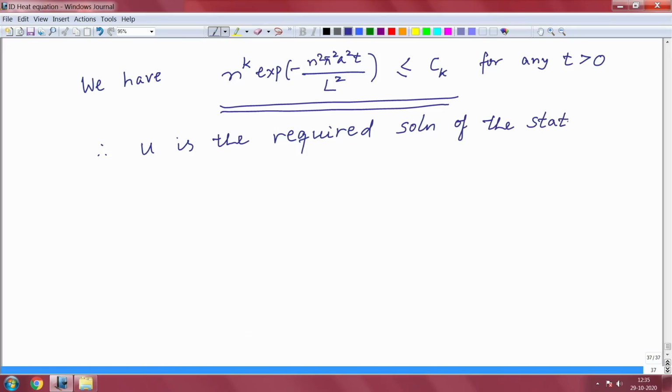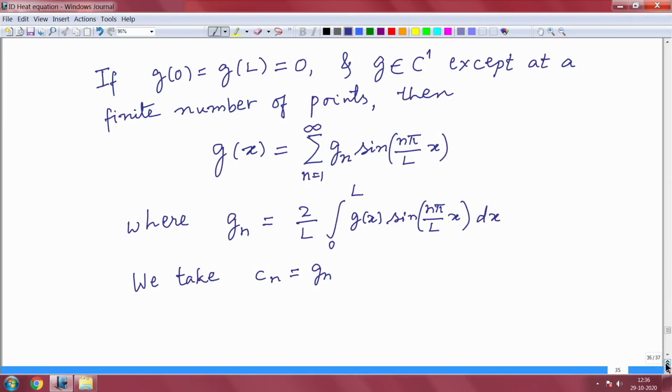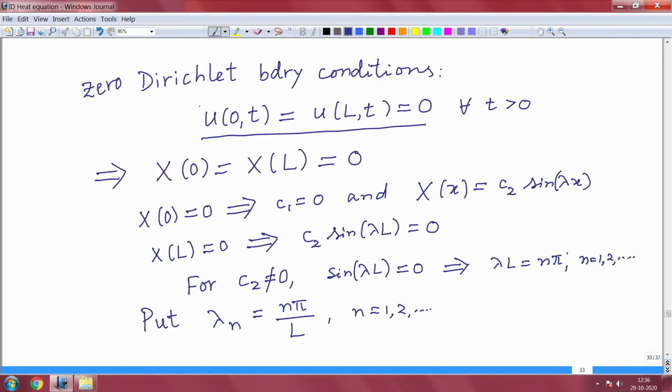So, this is an initial boundary value problem. Okay. So, we took the 0 Dirichlet boundary conditions here.